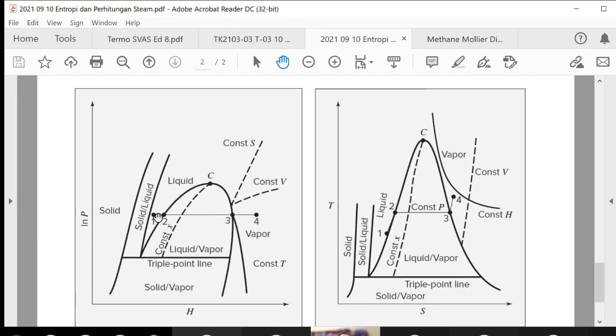Since it is inside the dome, we call it saturated vapor. On the left-hand side, we call it saturated liquid. So the term saturated means we have both liquid and vapor. If we have more liquid, we call it saturated liquid. If we have more vapor, we call it saturated vapor. Over here, we call it superheated vapor. Number 1, it is just liquid. We call it subcooled liquid. Okay, now it is clear. Number 1, 2, 3, 4, and in between.